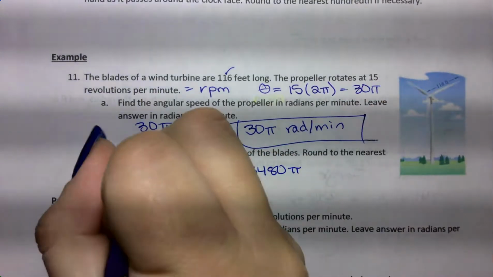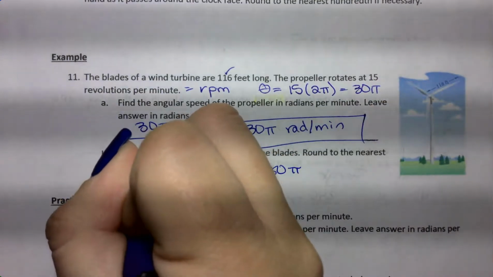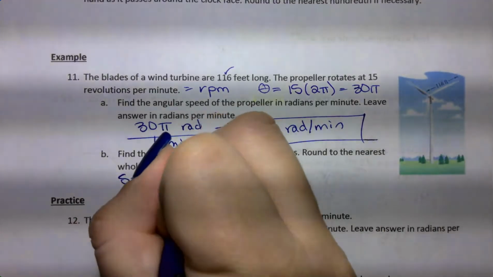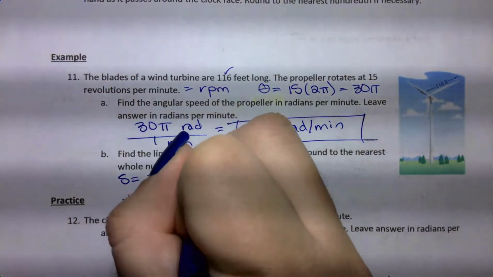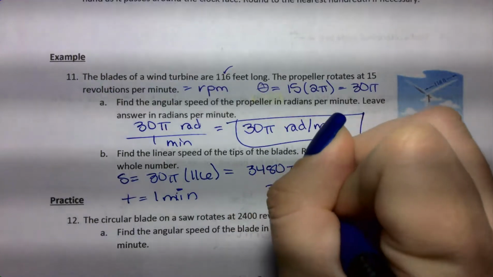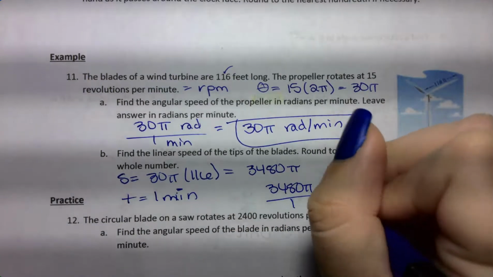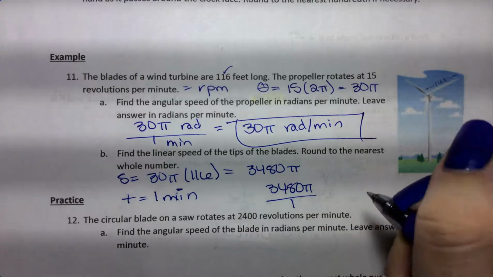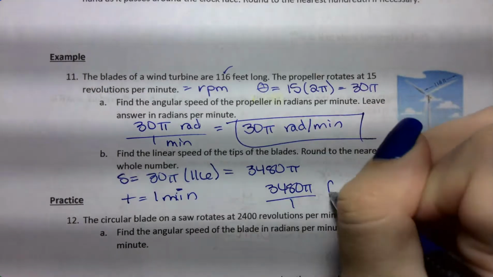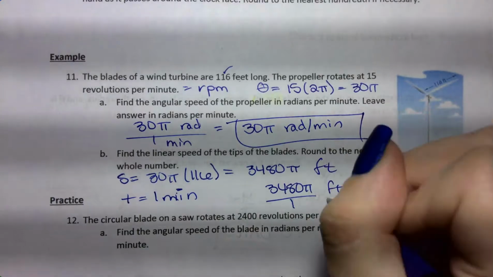I'm going to do the same thing for my time. I just know it's 1 minute. So then for my formula, I'm going to do 3,480 pi divided by 1. And this was feet over minutes.